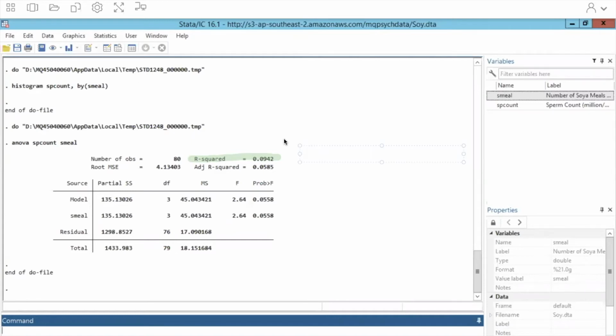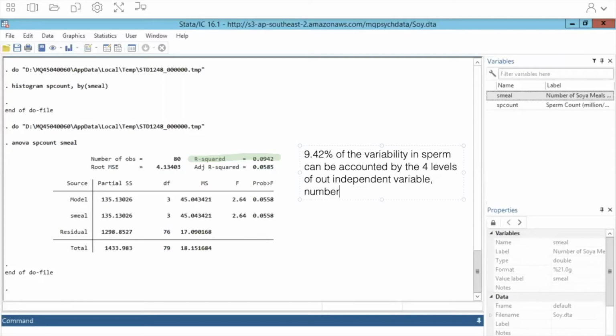So this R² is simply telling us that about 9.42% of the variability in sperm count can be accounted for by the 4 levels of our independent variable, number of soy meals. Okay?